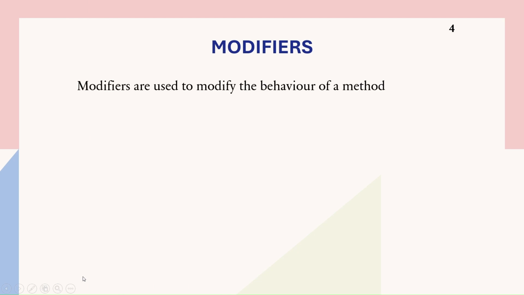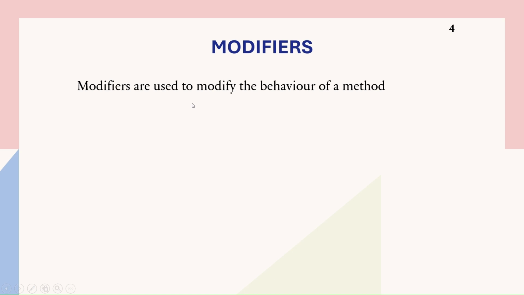So next one is modifiers in Java. Basically modifiers are used to modify the behavior of a method. Means how your method behaves depends on modifiers. If you want to identify what type of method you write, or if you want to see what type of methods someone else's code is writing, you just take the modifiers, what modifier they are using, public, static, public, void.